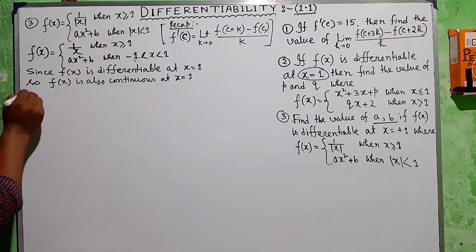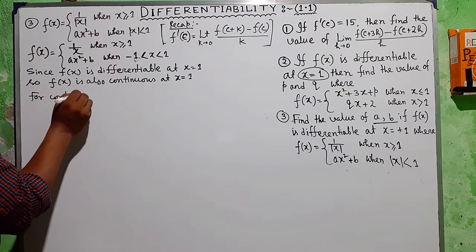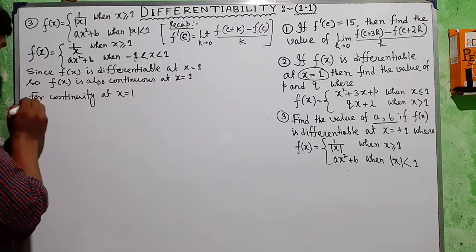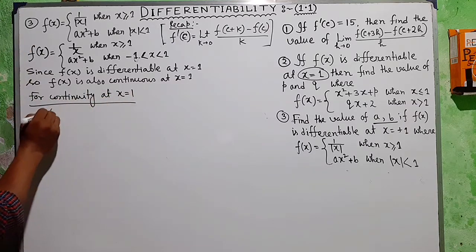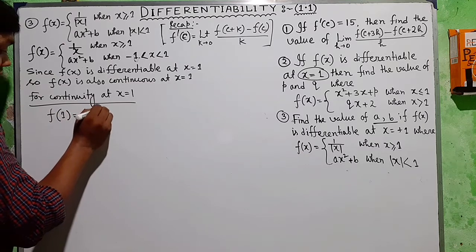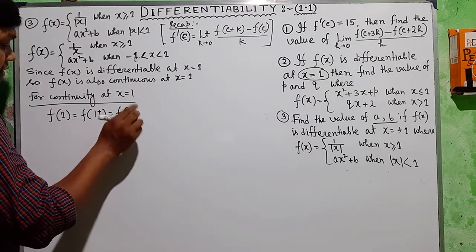So for continuity at x equals 1, that gives f(1) equals f(1+) equals f(1-), that is the condition of the continuity.